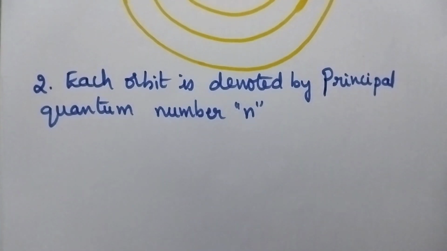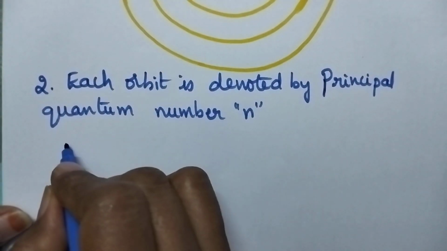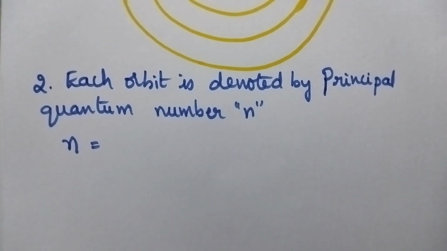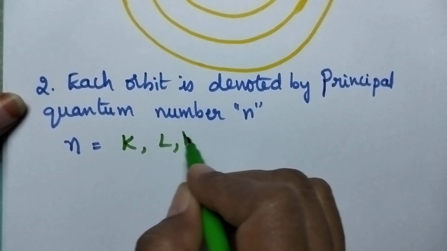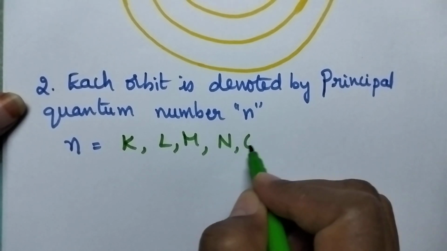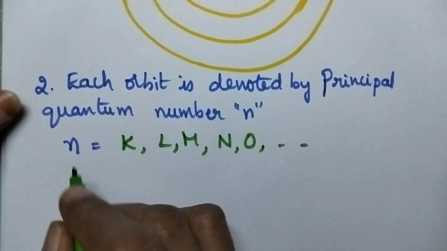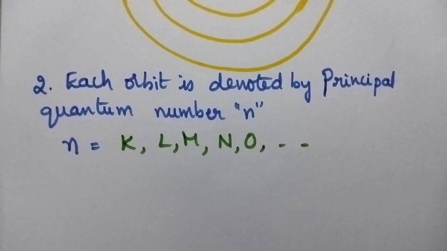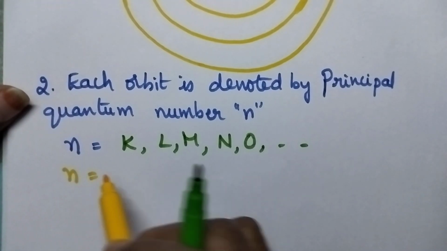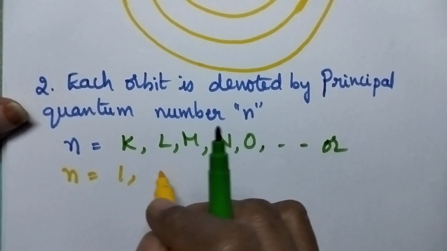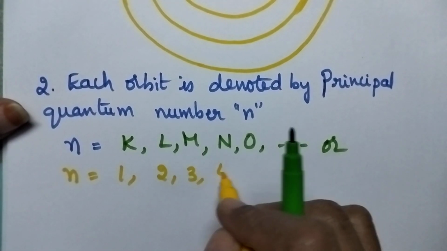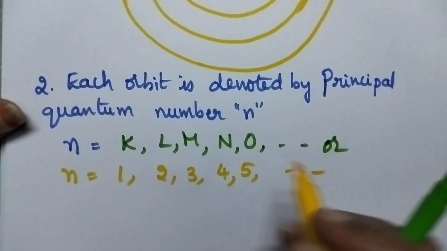So, how does the value of n vary? The value of n can be represented as K, L, M, N, O, etc. Or the value of n can also be represented as 1, 2, 3, 4, 5, etc.